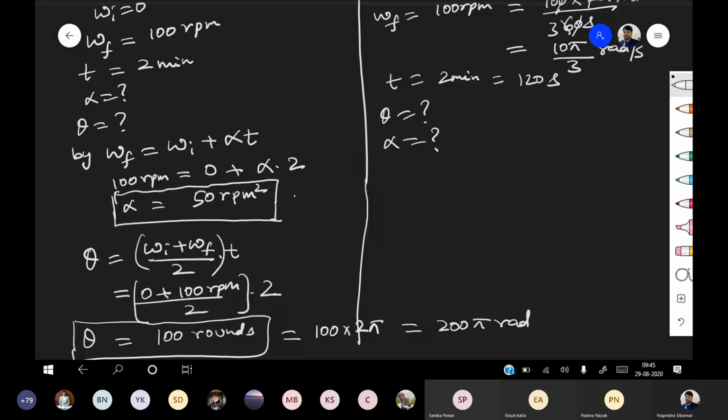Similarly, alpha is equal to 50 RPM, so 50 into 2 pi, per minute square, so 100 pi per minute square. Understood? Like that.